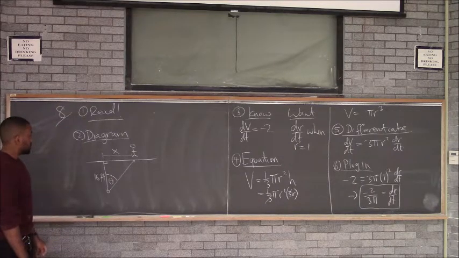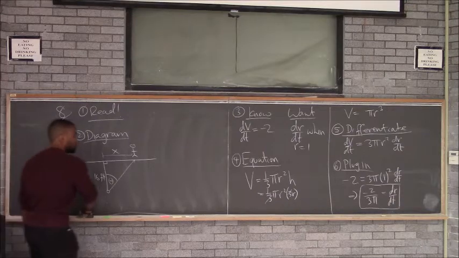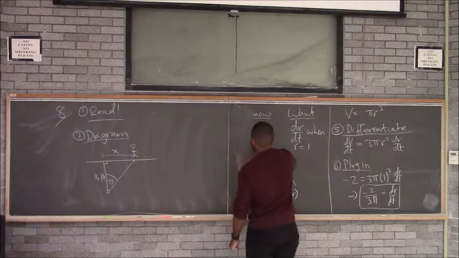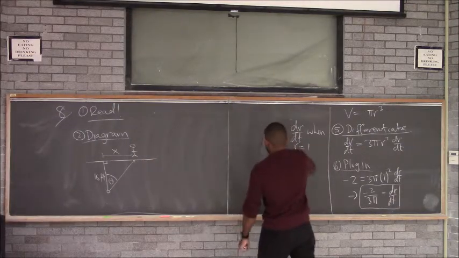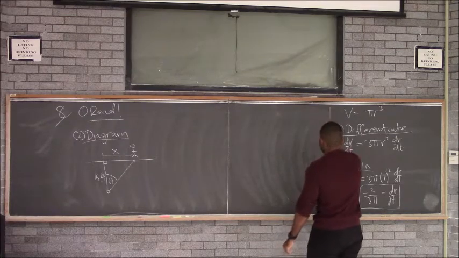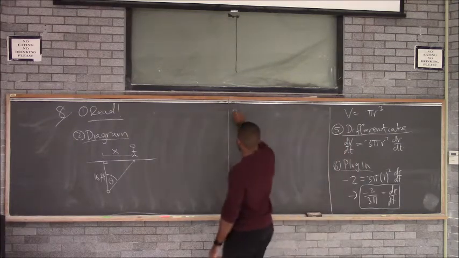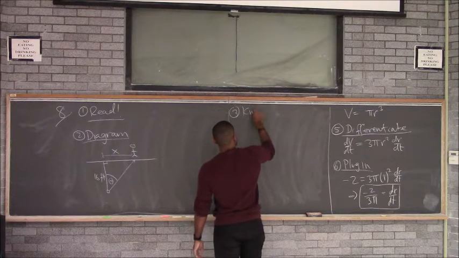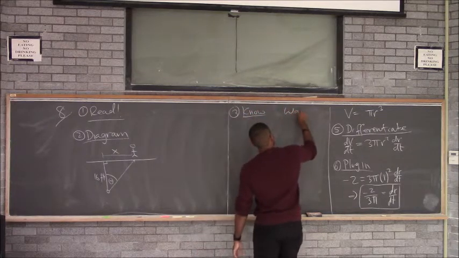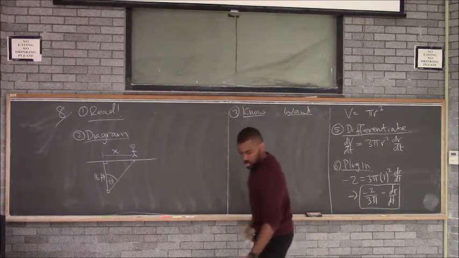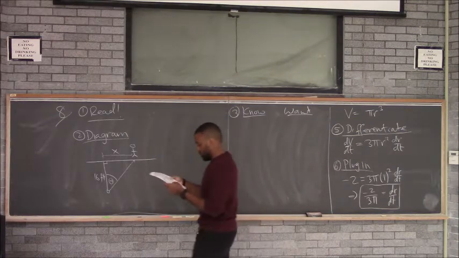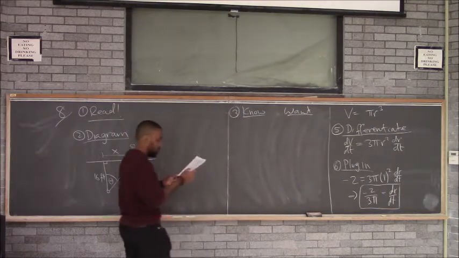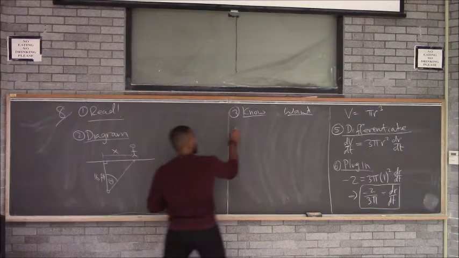And now I relate the theta by tangent theta equal to x over 16. Hold on, wait, what do we know? What do we want? What information do we know? dx/dt equal to 5.